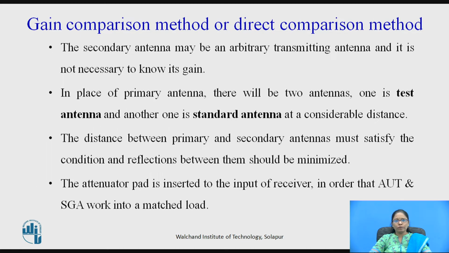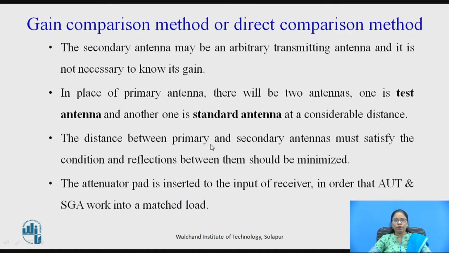The secondary antenna is an arbitrary transmitting antenna, and it is not necessary to know its gain. In place of the primary antenna, there are two antennas: one is the test antenna, another is the standard antenna. Both are placed at a considerable distance. The distance between the primary and secondary antenna must satisfy the condition that R should be greater than 2d square by lambda.